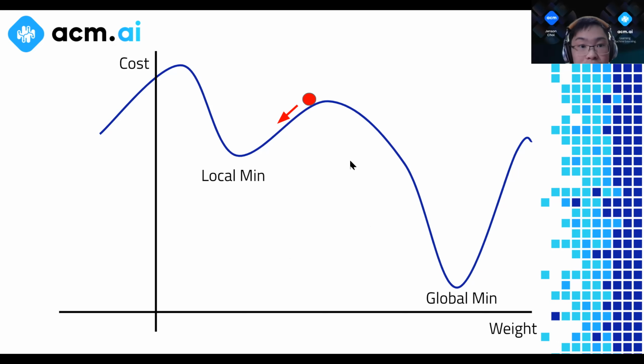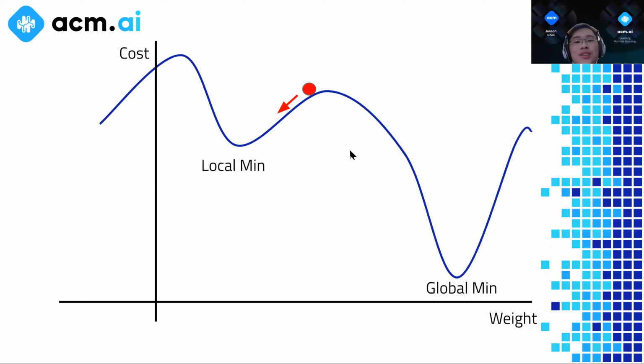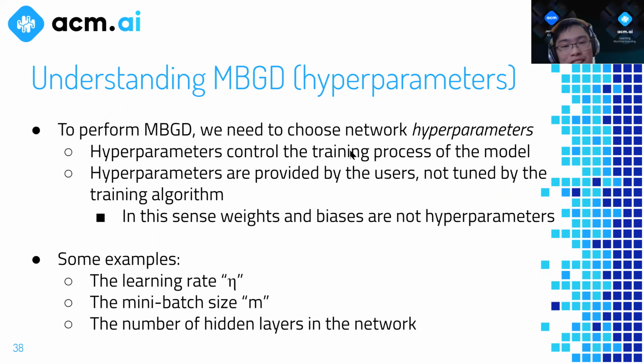Okay, good. Someone actually asked about hyperparameters last workshop, so let's talk about hyperparameters for a second. To perform mini batch gradient descent, we'll need to choose certain hyperparameters. The reason picking the right values for hyperparameters is so important is that hyperparameters control the entire training process of our network.